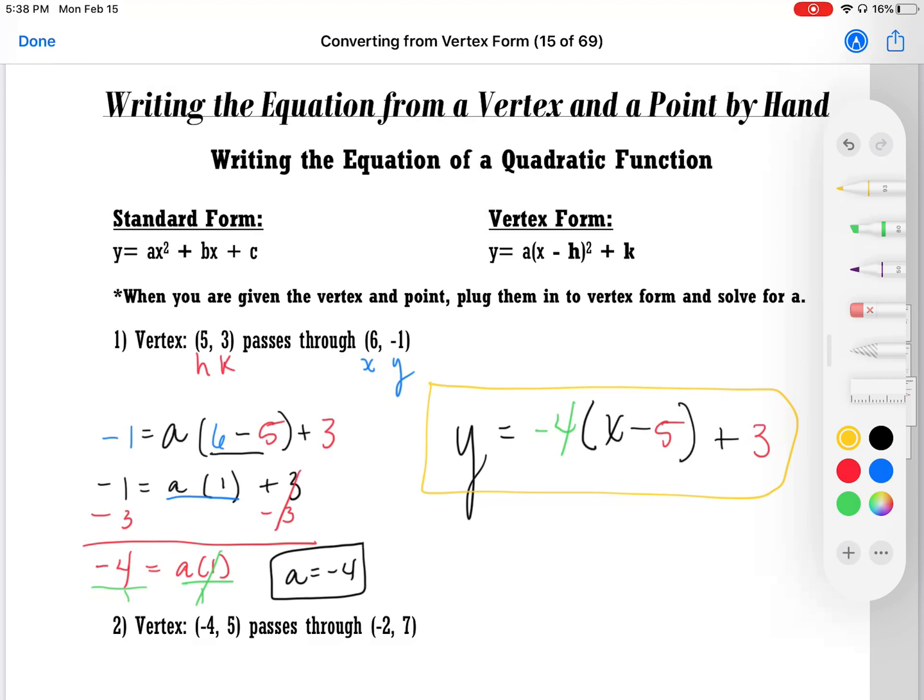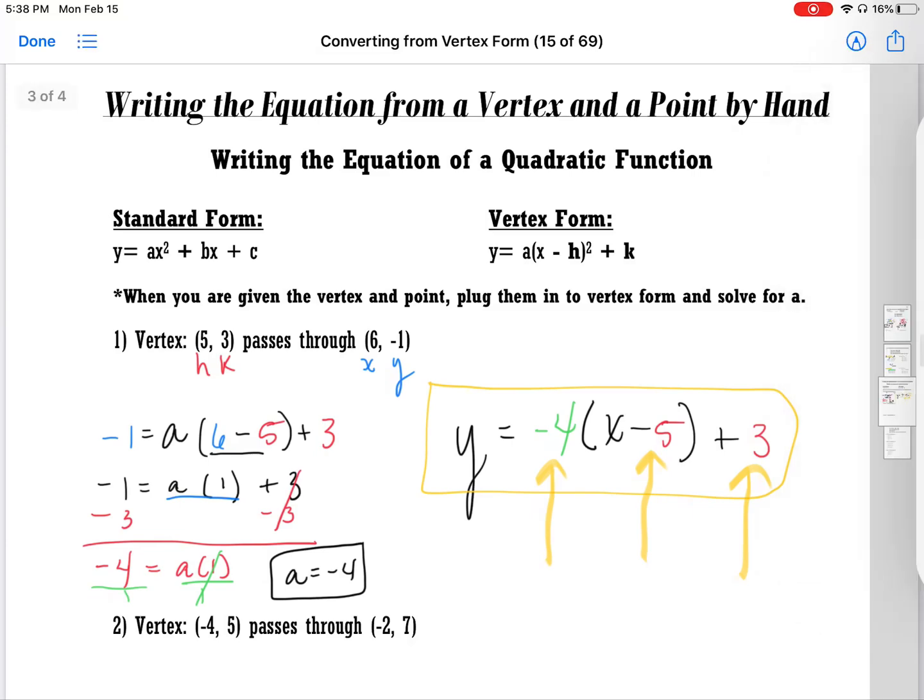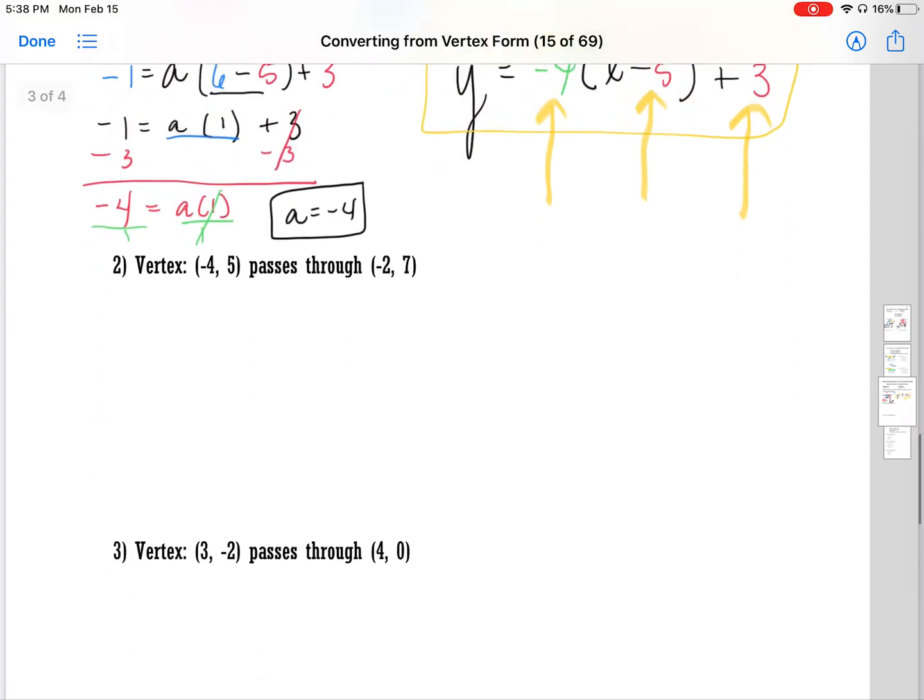Now it's written in vertex form. Vertex form means there's a number in front of parentheses, a number behind the X, and a number in the back. This is called vertex form. Very mathy. So those of you guys that like number crunching, this isn't too bad. I'll show you how to do it in the calculator in just a second. So when you're ready, let's do one more together, and then you can try one on your own.